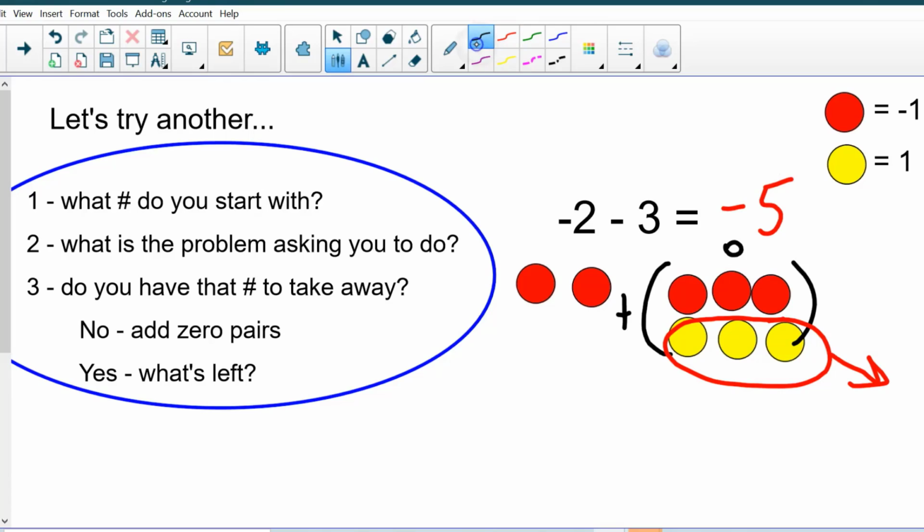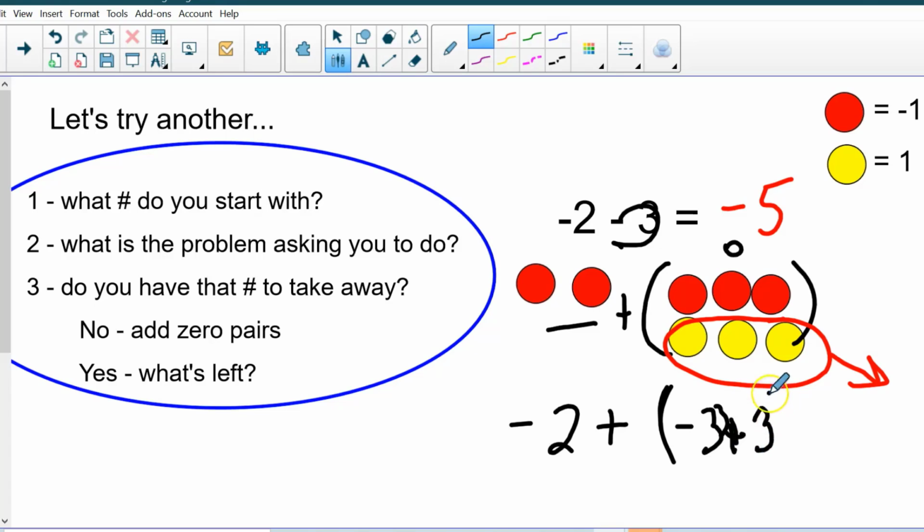All right, so if I had to write this down in numbers just so you see it, we started out with our 2 negatives, and then because I could not subtract 3 positives, I put on my 0 pairs, which was negative 3 and the positive 3, right? This is my 0 pair.